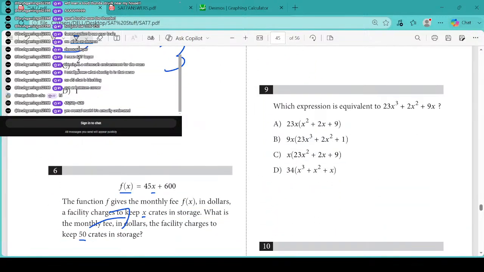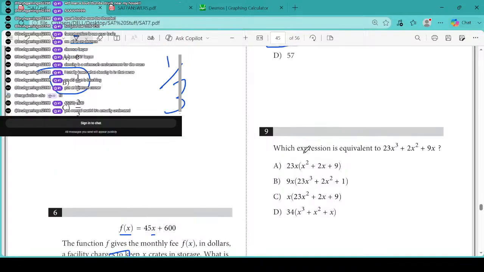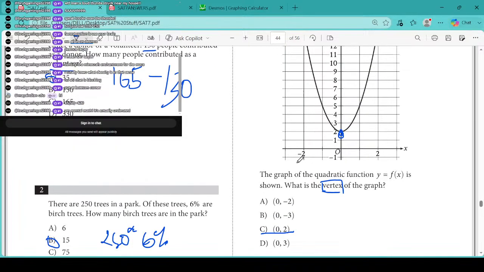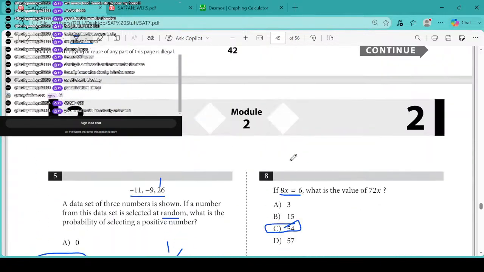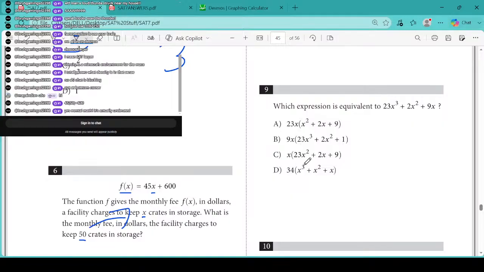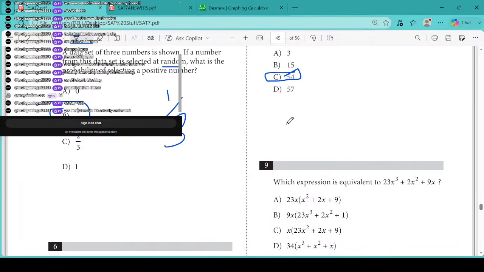Chat, you got any questions? Yeah, mental math is actually underrated. Like a lot of questions on the SAT, you can just do mental math and it will be fine. Honestly, if you can't do mental math at all, just use decimals.